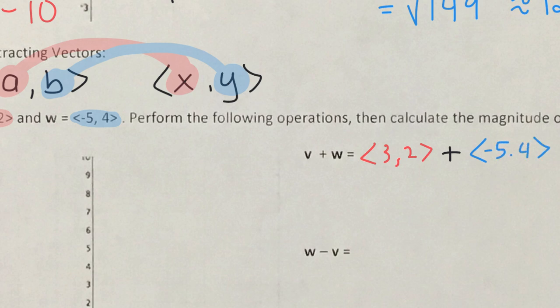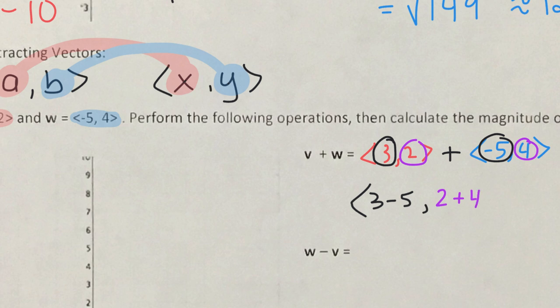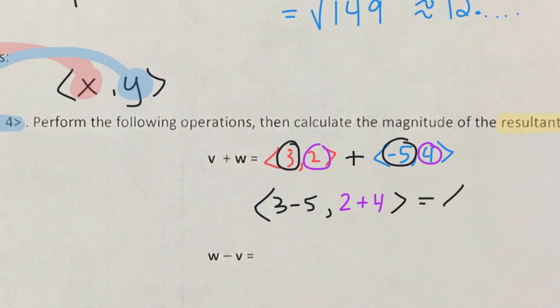We're going to do the x stuff added together, 3 minus 5, comma, and add the y stuff together, 2 plus 4, to give us the vector <-2, 6>. 3 minus 5 is negative 2, and 2 plus 4 is 6.